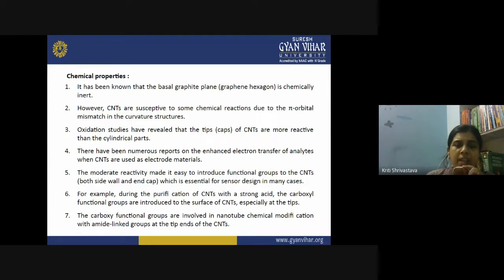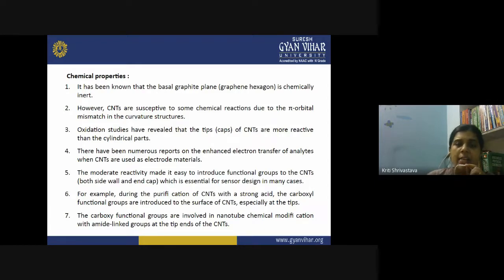Now, there have been numerous reports on the enhanced electron transfer of analytes when carbon nanotubes are used as electrode material. So, we can use them as electrode material as well. And whenever we do that, the electron transfer reactions of analytes are enhanced. What is the basic function of a working electrode? It has to exchange the electron with the analyte, right?